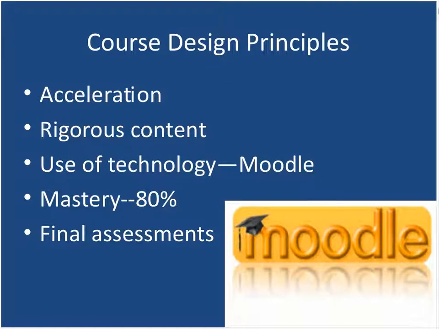We also, of course, want to incorporate technology. Even though we don't have the lab component, we do have a Moodle component for all of our courses, so that we can post assignments and some of the materials that students need to print out for their classes. We, of course, have the 80% mastery requirement, and that has been a bit of a bear, trying to figure out exactly what is mastery and which assignments need to be mastered.